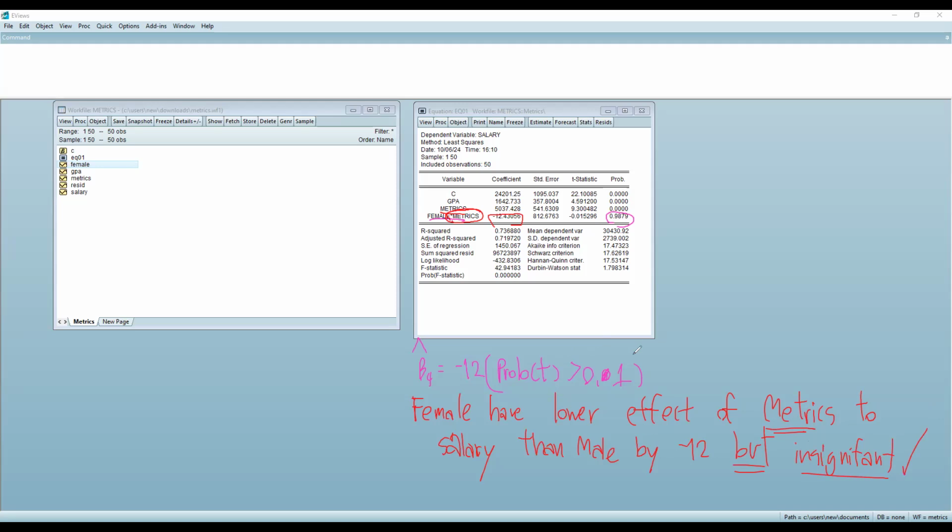Or alternatively, you can say that gender has no effect on, not salary because it's multiplied by metric, has no effect on the effect of metric on salaries.